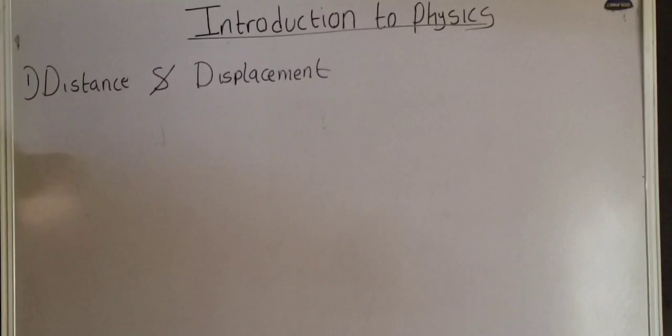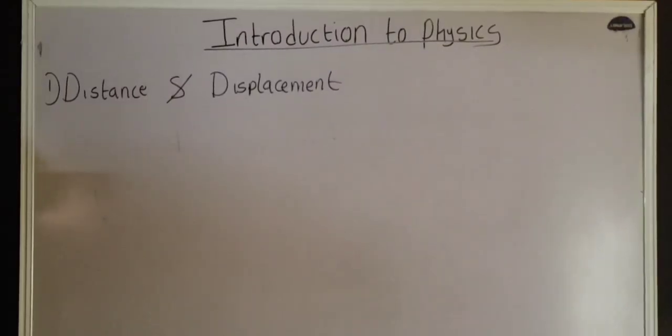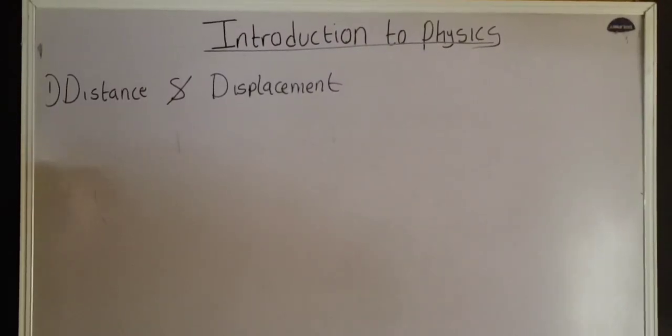That is what distance is. But if we are given that a boy traveled 8 kilometers to the west, now we are given the direction. Therefore, that is displacement. So displacement has both magnitude and direction. The magnitude tells us the length which an object travels.